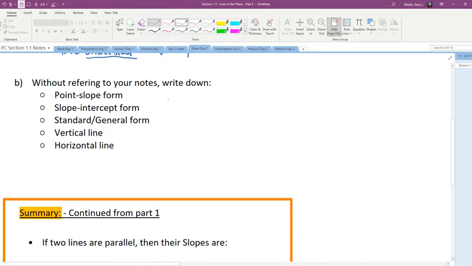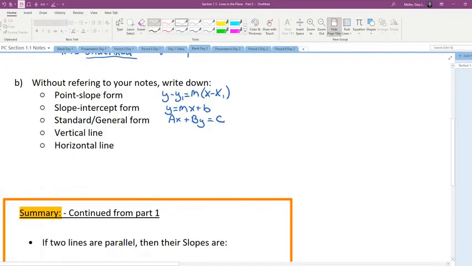Point slope. Slope intercept. General form. A and B can't be fractions. A has to be positive.